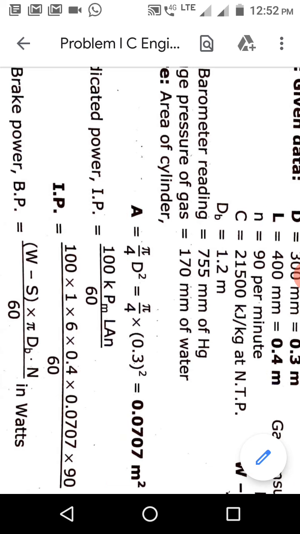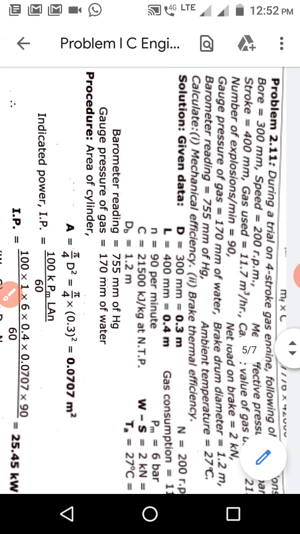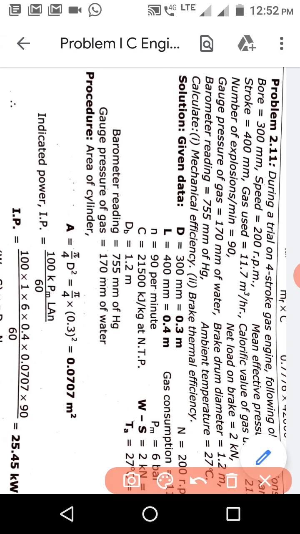In this problem the number of working strokes, the number of explosions, is given directly, so we are not calculating on the basis of speed.